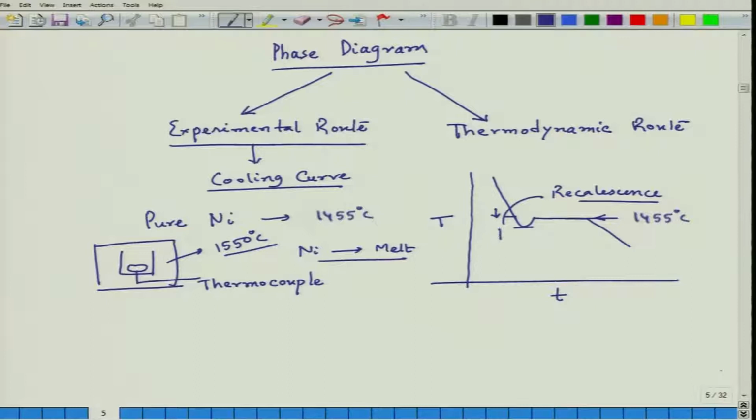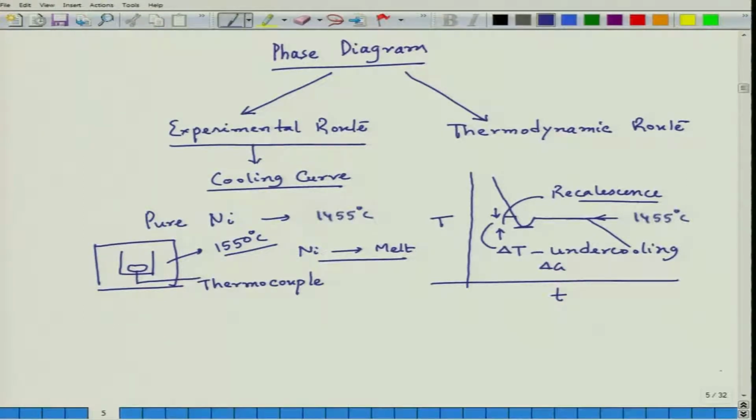This we can call del T, the undercooling, and during this undercooling we have a corresponding del G variation, and that gives free energy, which is a negative term, and actually supplies the energy for the formation of interface.